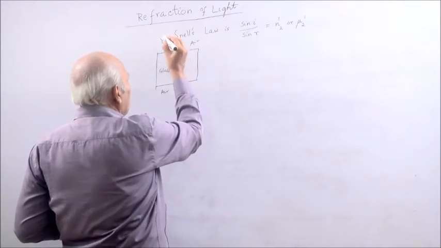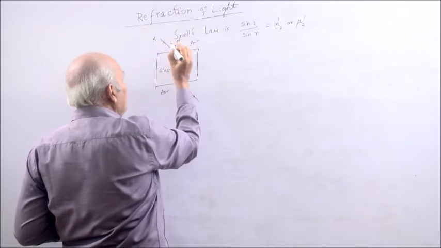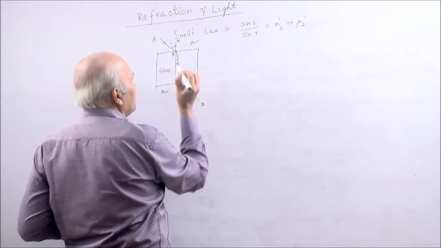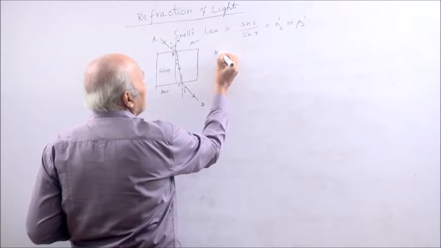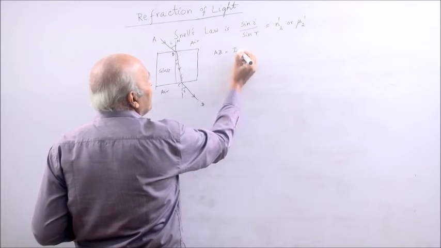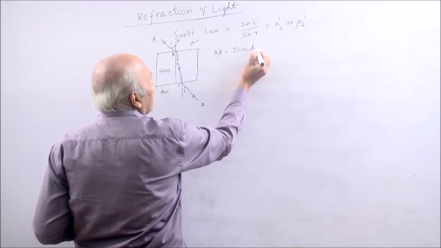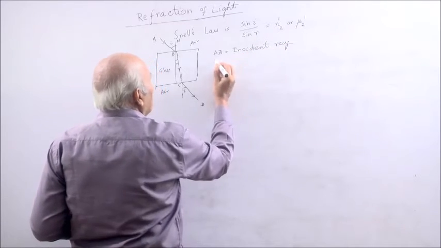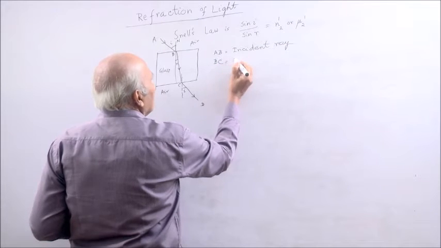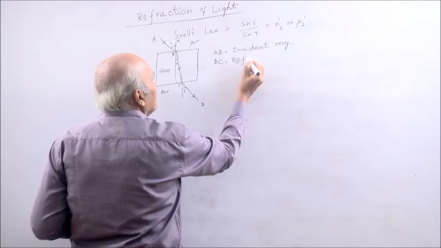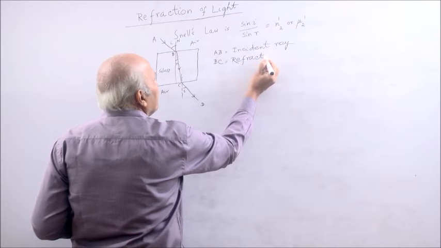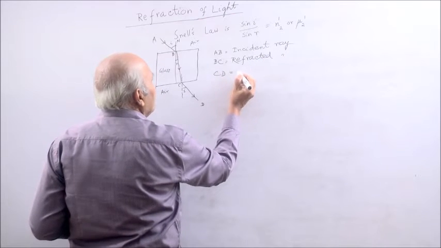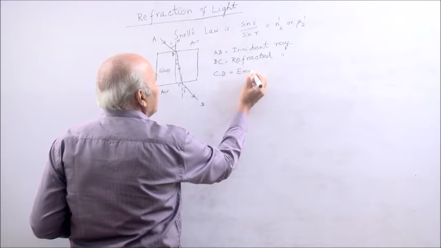And suppose these are A, B, C, D. So AB is your incident ray, then BC is the refracted ray, and CD is the emergent ray.